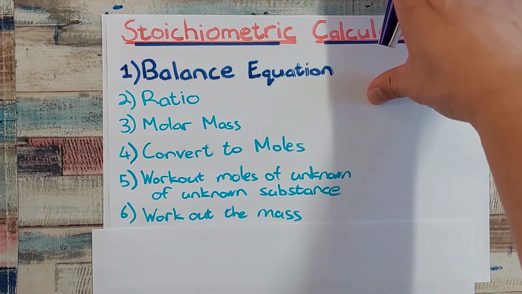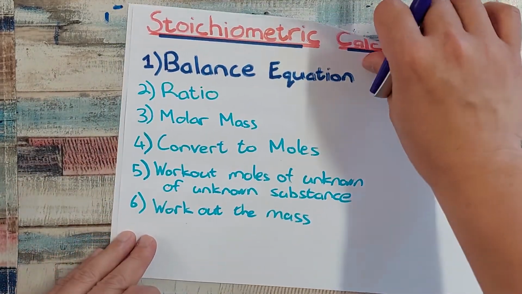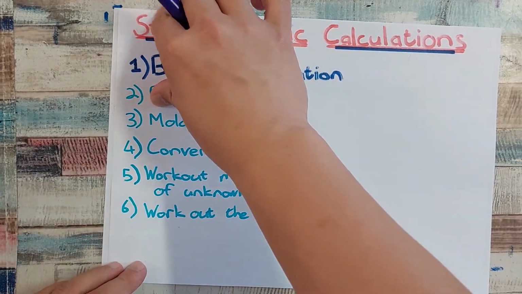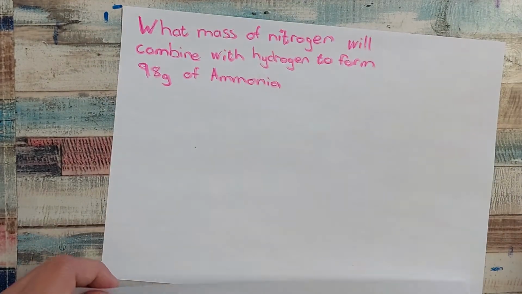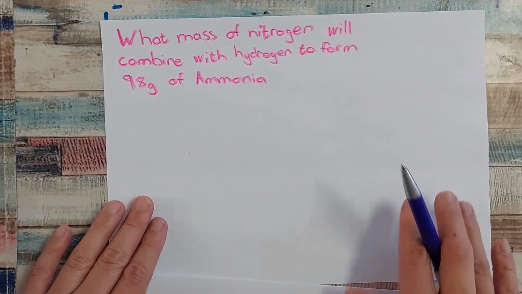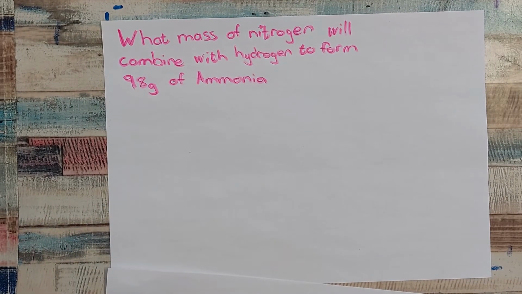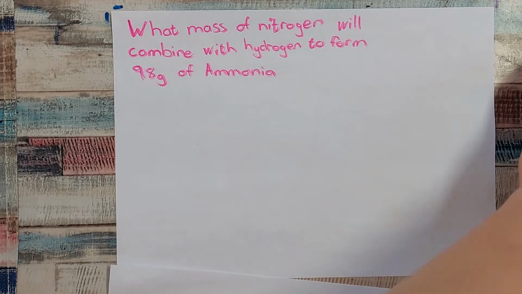So I'm going to be using this with you. Let's do this quickly. I've now given you a question. What mass of nitrogen will combine to form 98 grams of ammonia?